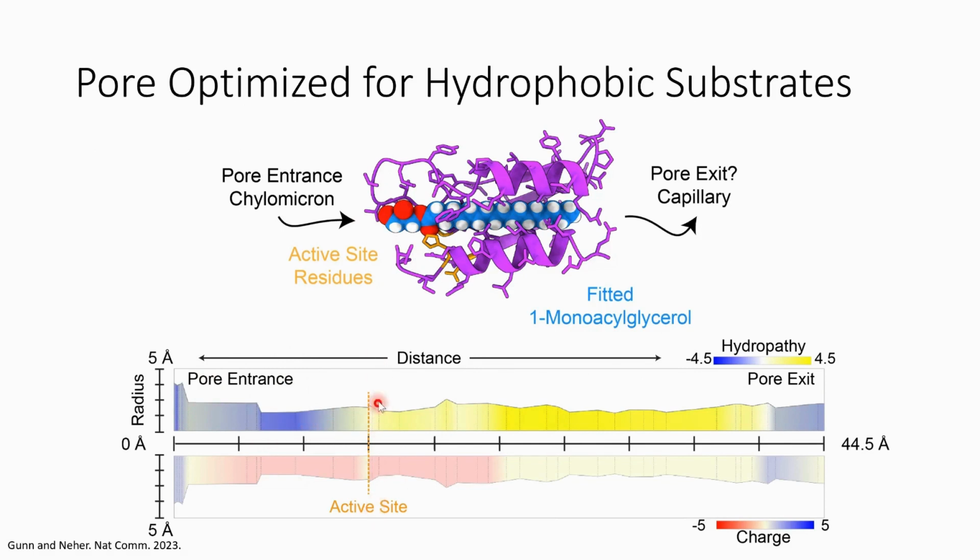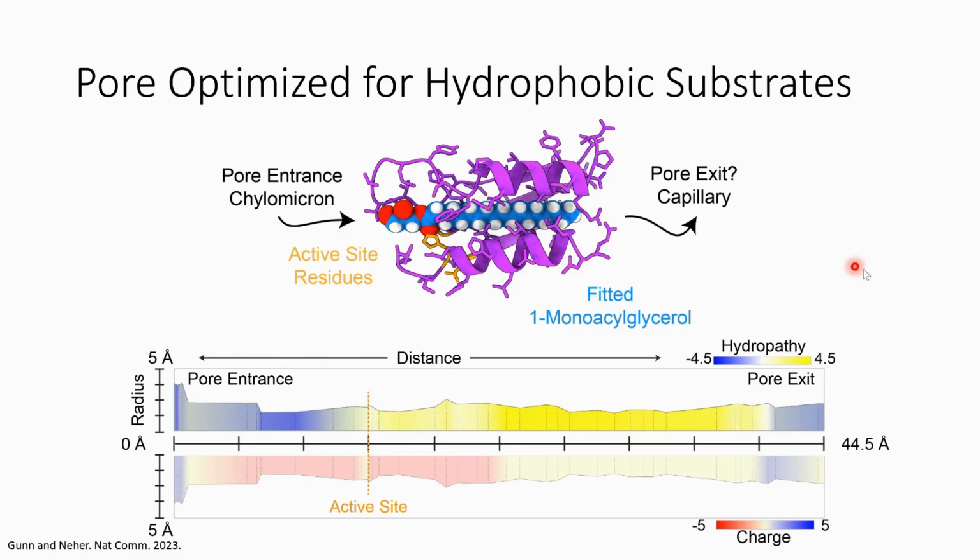At the active site residues, the character of the pore inverts and becomes extremely hydrophobic. And we have a long stretch of hydrophobic section of the pore that stretches down to the end. And we can actually fit a monoacylglycerol, so this would be a single monoglyceride, into the pore.